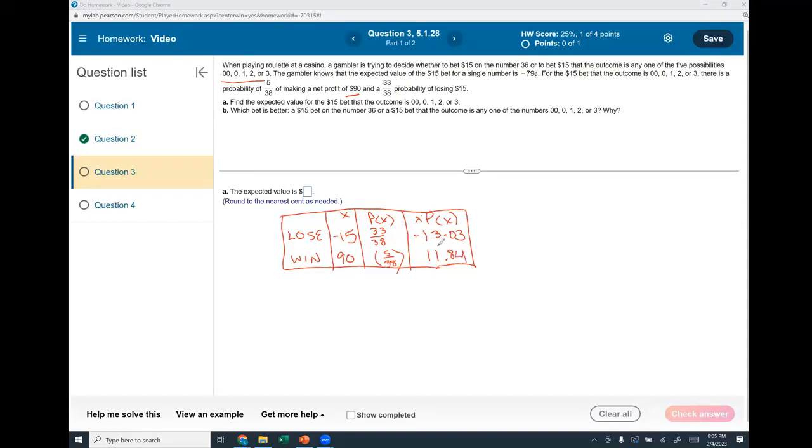So my expected value here is going to be that number. I just sum these. So my expected value should be negative $1.19, rounded to the nearest cent, is my expected value.